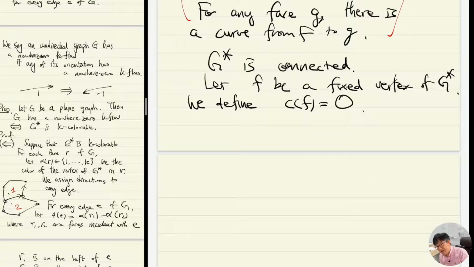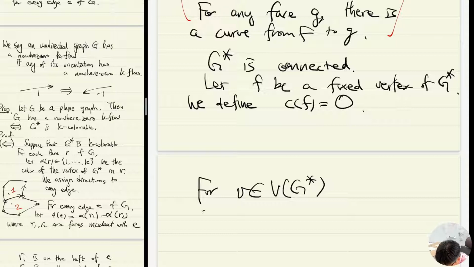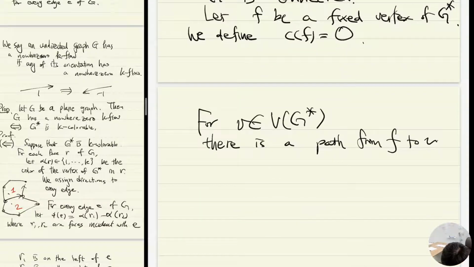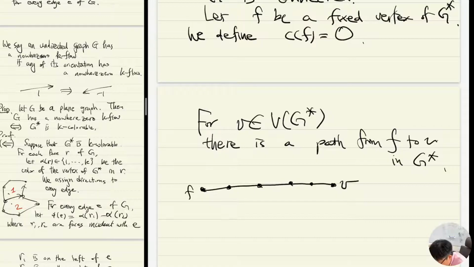Now we need to define the color for the whole graph. For any vertex V in the dual, there is a path from F to V, because the geometric dual is always connected.